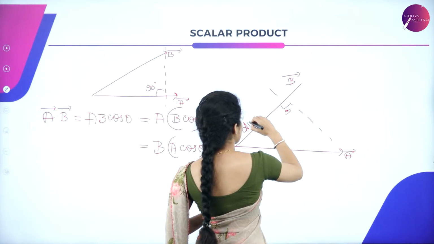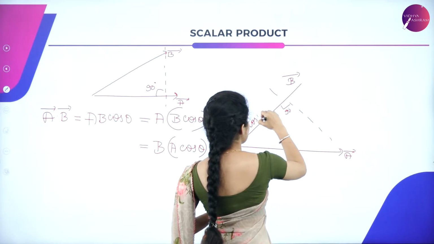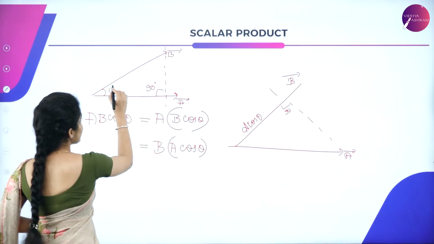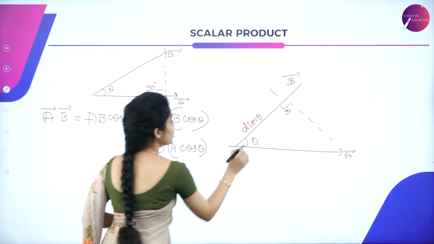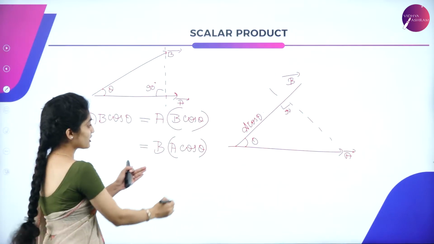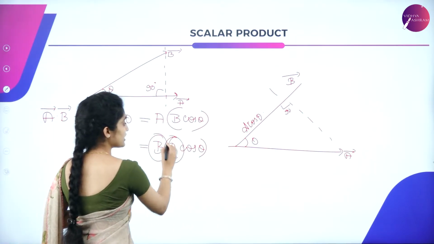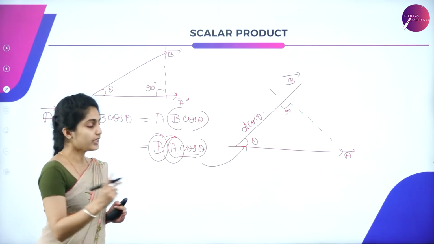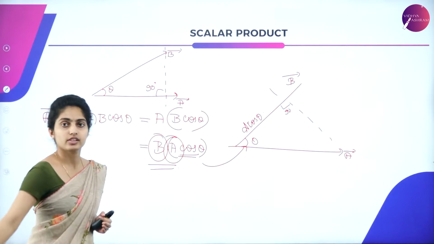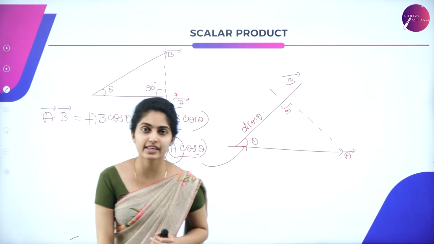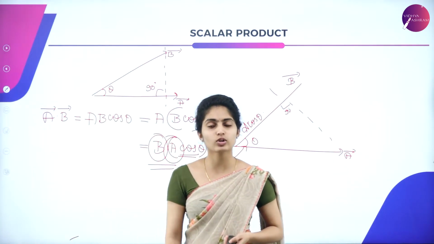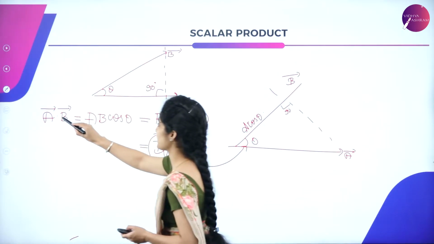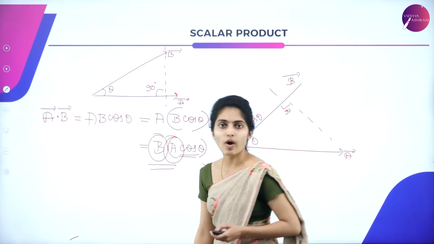So this is A cos theta. Now theta is the angle between the two vectors. In AB cos theta, A and B are vectors, cos is a function, and theta is the angle between these two vectors. So that is all about your scalar product, or else it is also known as the dot product, because the multiplication is denoted by just one dot.